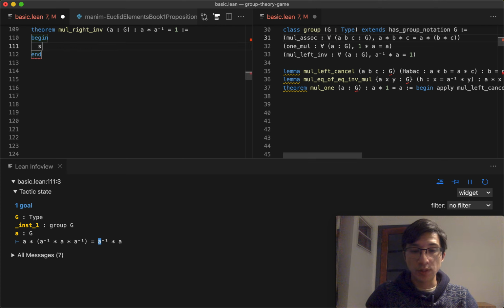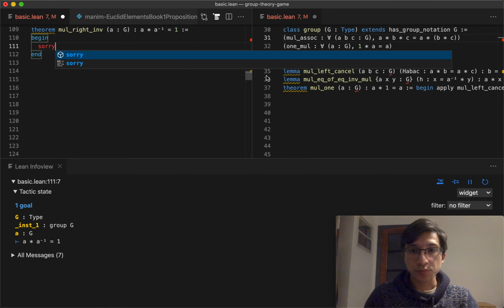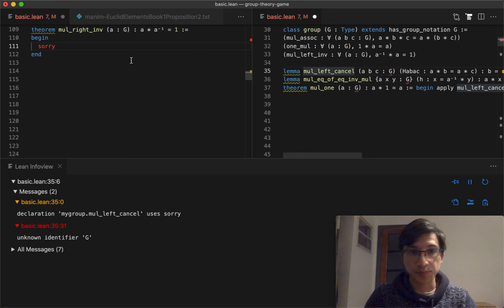So we will need to look into the previous propositions that we've proven. If we look at mul_left_cancel, what we could do is multiply both sides by A inverse, for example, and then cancel out the A with the A inverse using one_mul and mul_left_inverse.